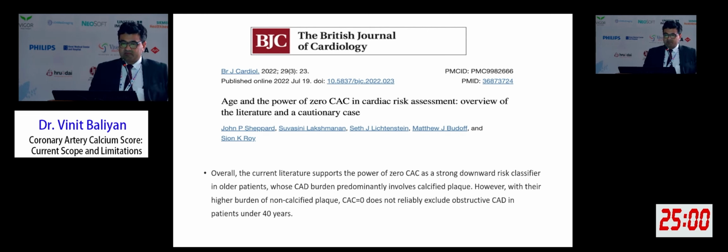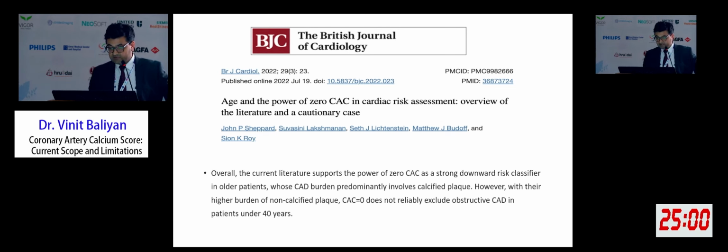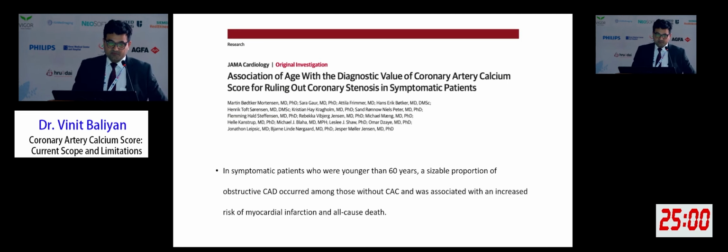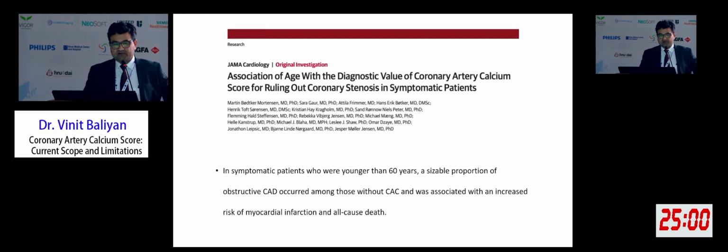This is a study published in the British Journal of Cardiology where they showed that a lot of patients, especially younger than 40, have a high non-calcified plaque burden with a calcium score of 0. Another more popular study is a Danish study where they showed that the value of a calcium score of 0 changes with patients' age in symptomatic patients.